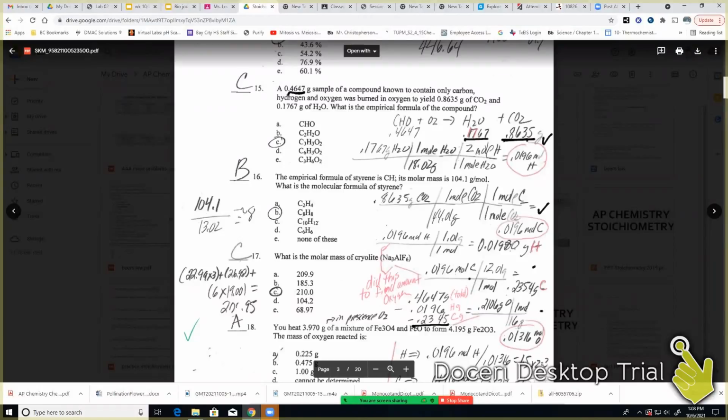Once I found out how many grams were left over, that would have been my amount of oxygen, and then I would have got my moles of each. But that didn't finish it, did it? So at this point, you know how many moles you have of each one. But now you need to see the ratio of them. So you're going to divide by your smallest. That's going to be a little bit farther down.